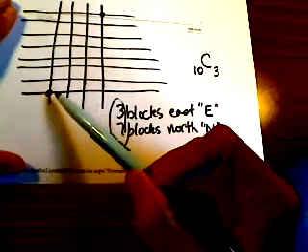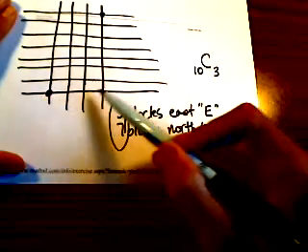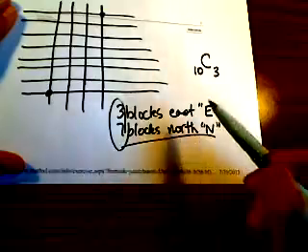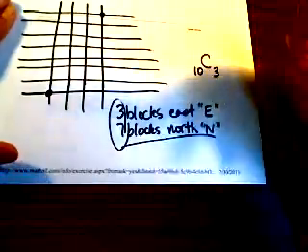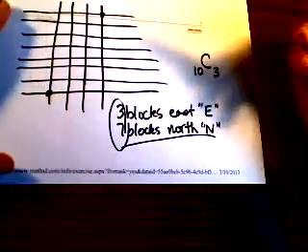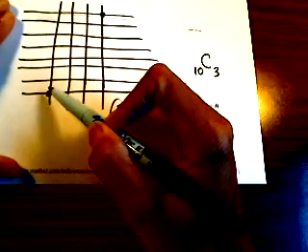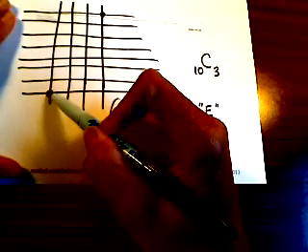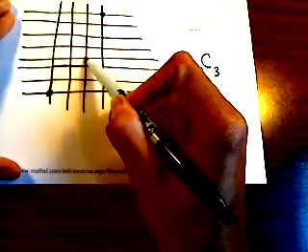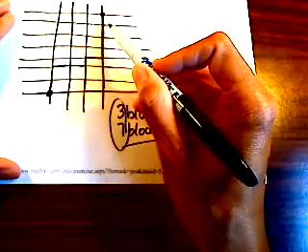So if we just count the number of ways out of 10 options that we can move 3 blocks east, then the other 7 blocks north will have already been taken into account because they'll be counted in the midst of it. I guess that's the way for me to talk about it. So just for instance, if I was to do this path right here, go here and then here and then here and then here and then here, I have 10 movements.